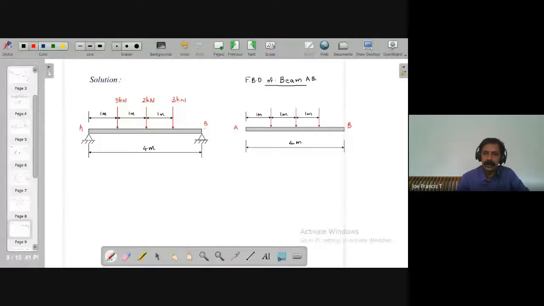So this is 5 kilonewton. This is 2. And this is 3 kilonewton.